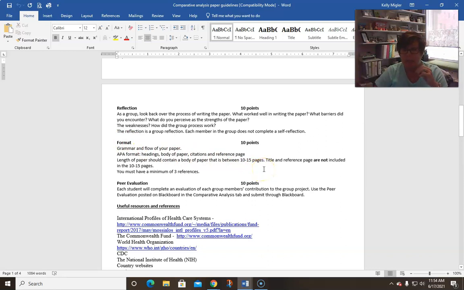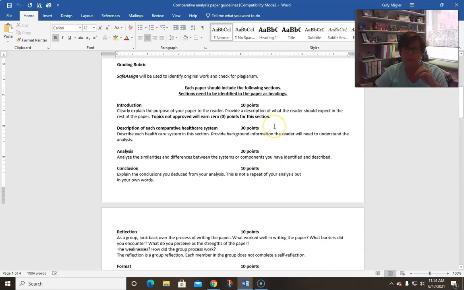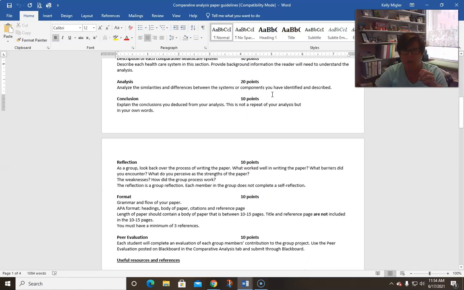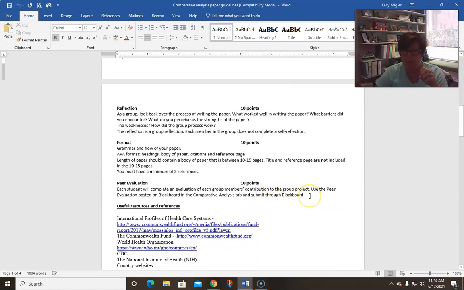90% of the paper will be from the group portion of the paper, so everybody will receive the same grade up to 90%. There is a peer evaluation portion of the grade where you will each evaluate your group members and their contributions to the paper.